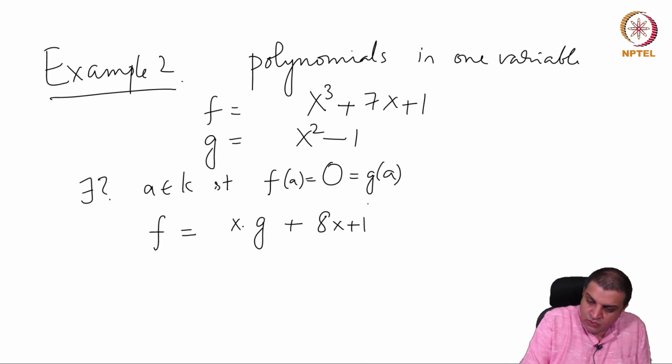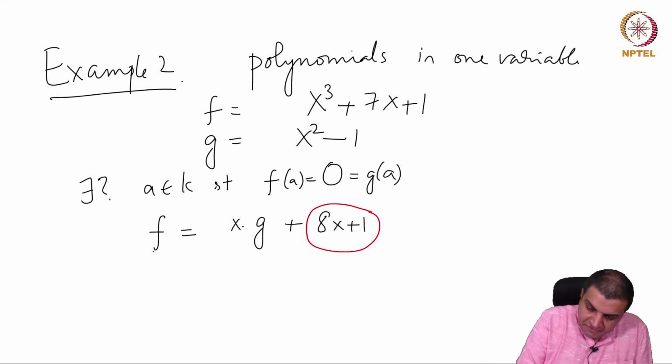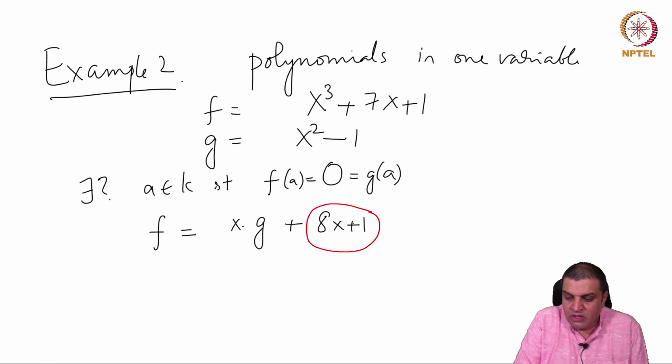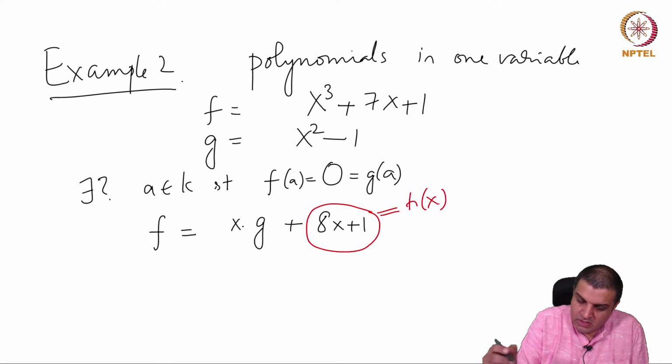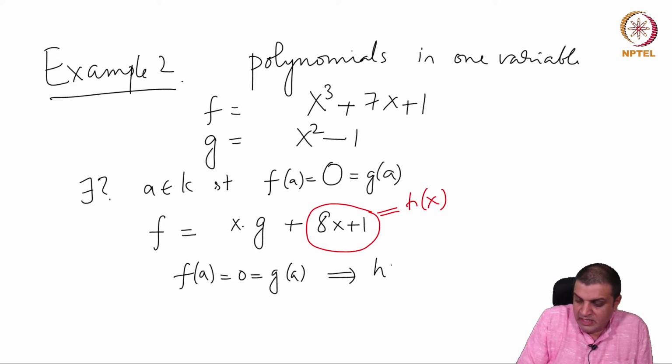So the first round of the division algorithm gives this remainder. Then if f of a is 0 and g of a is 0, then this also would be 0. So let's call this thing h of x. So f of a equals 0 equals g of a would imply that h of a is also 0.